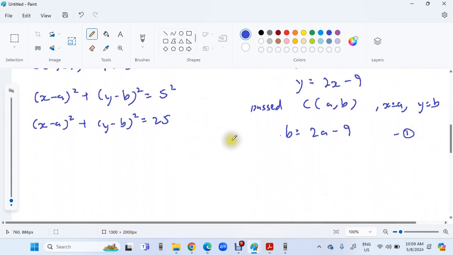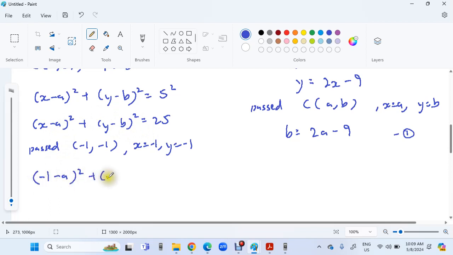So it passes through (-1, -1). So when x is -1, y is -1, we sub into this equation. Then we have (-1 - a) squared plus (-1 - b) squared equal to 25. So this is the second equation.